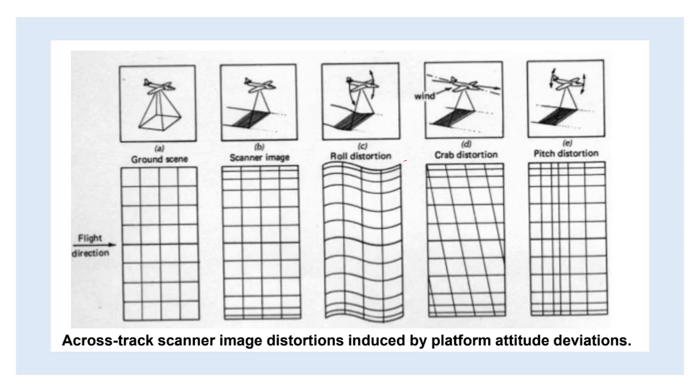Crab distortion is where wind can affect the movement of the flight, so the scanning can be slightly tilted, which is coming like this. Pitch distortion is basically where the front part moves a little, front and back, the tail end instead of the side, so that can cause the pitch distortion. So basically we need an image something like this, but most of the time there is a possibility that we get images like this. It's not very ideal.